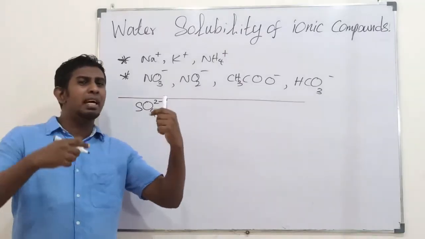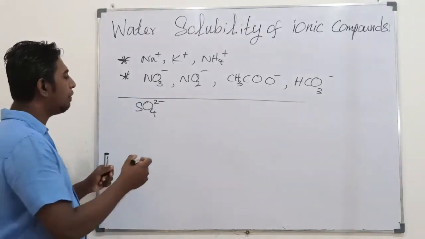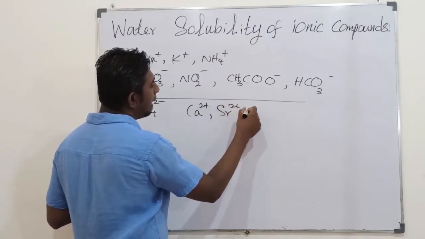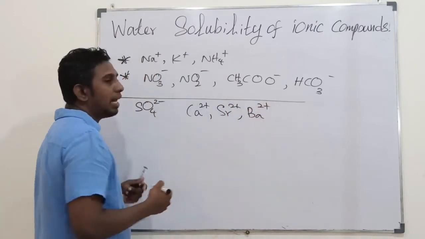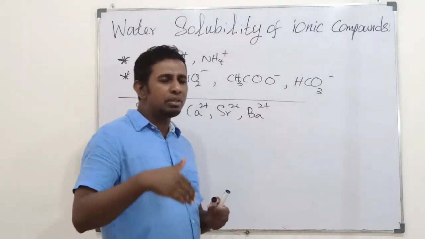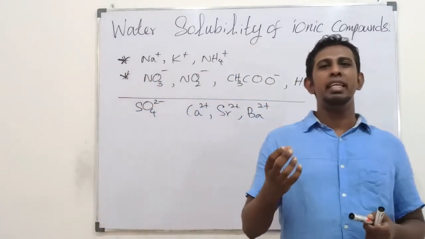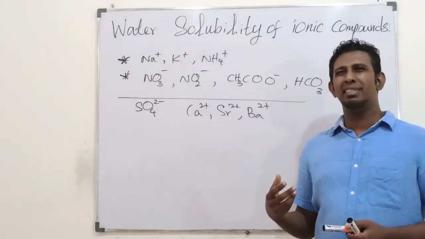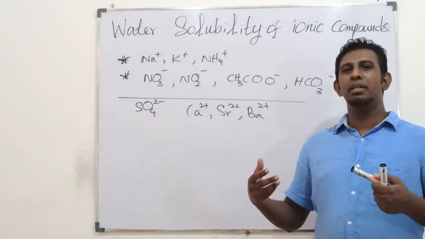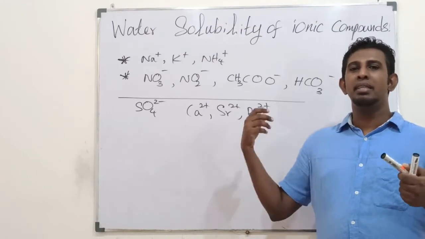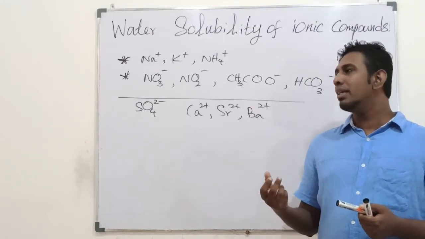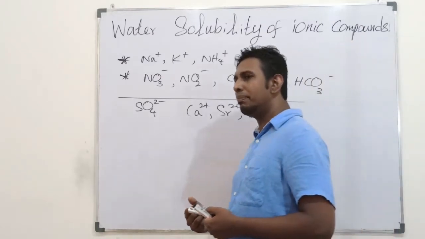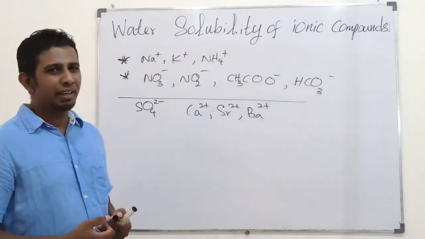Most sulfates are water soluble except the sulfates of calcium, strontium, barium. You could find them down the second group. Down the second group, sulfate water solubility decreases. You could find radium as well, but it's radioactive, so it's not stable. You can't normally find compounds. If you have that, then that also belongs to this category. Anyway, down the second group, water solubility of sulfate decreases.